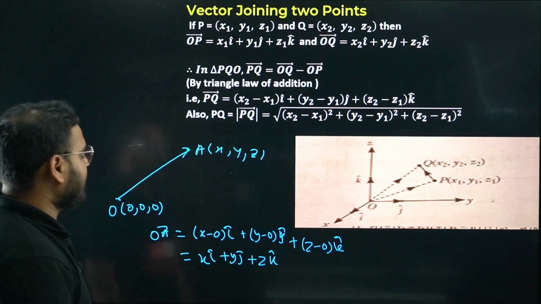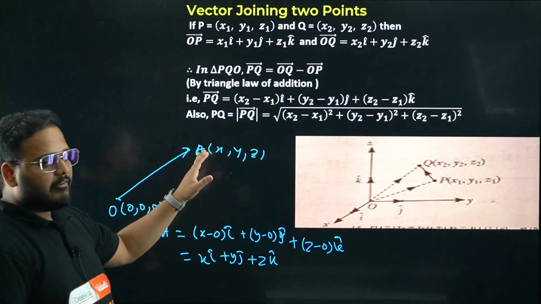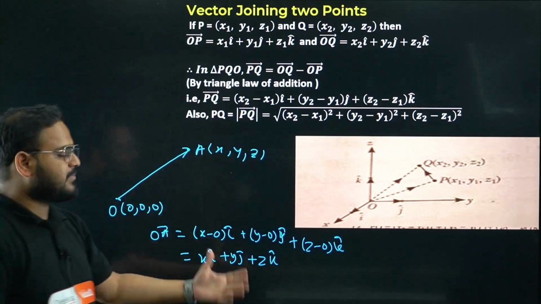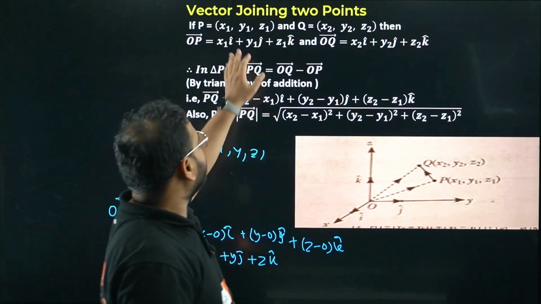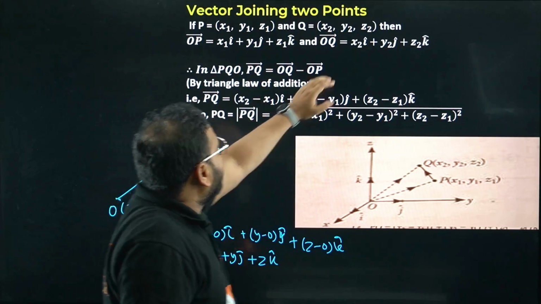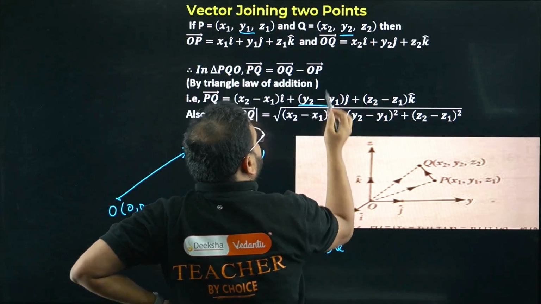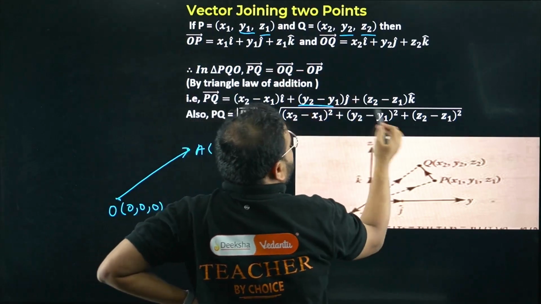So basically when we wrote the position vector of the point A with respect to the origin, the same formula is being used. What is that? Please check here. The points are like this, no? So x2 minus x1 i cap, y2 minus y1 j cap, and z2 minus z1 k cap.